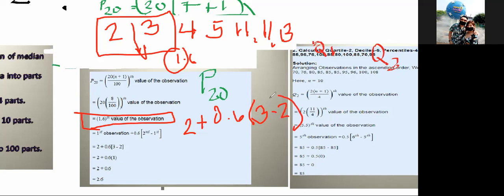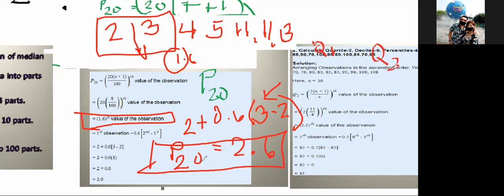Guys, it just happened that 3 minus 2 is 1, so it's probably easy. So P20 is just equal to 2.6. Okay, P20 is 2.6, so you have it there.